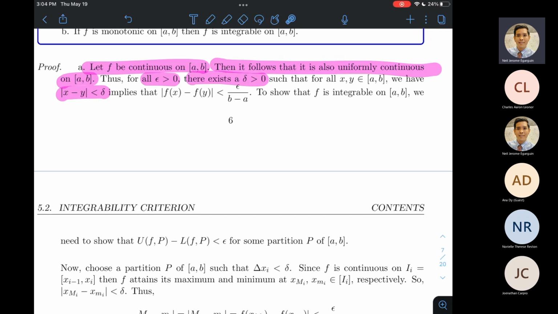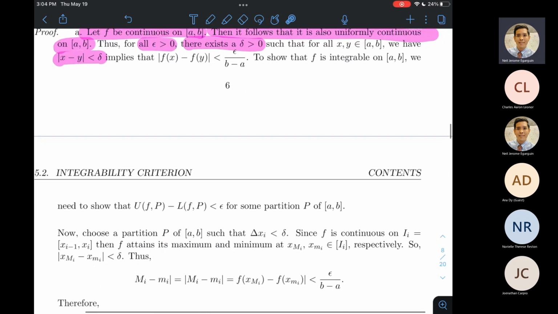Ano? Kasi remember, para sa integrability criterion, ang kailangan natin ay upper minus lower less than epsilon. So, kailangan ko ma-meet yung epsilon na burden dito sa kanan. Alright? So, iwan muna natin yan. Makikita natin kung bakit siya magkakaroon ng b minus a or bakit mawawala yung b minus a mamaya. Okay. Now, kailangan nating humanap ng partition inducer P such that this is true para magamit SIP 5.1.